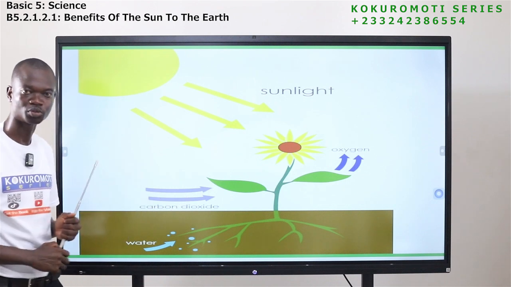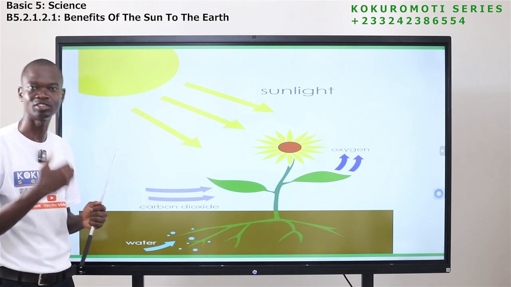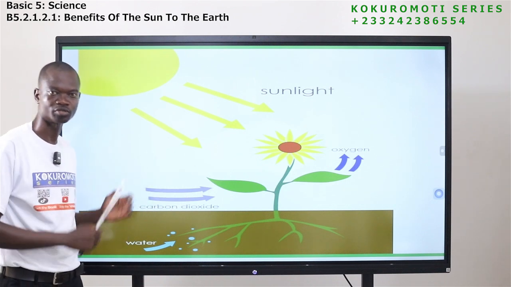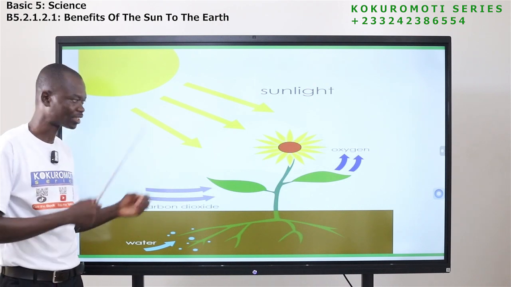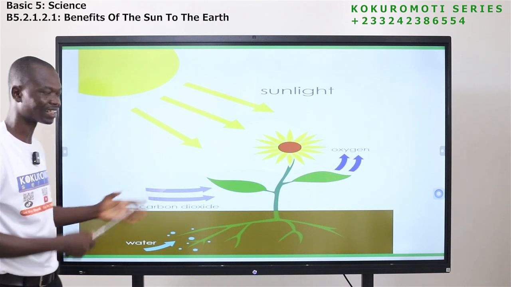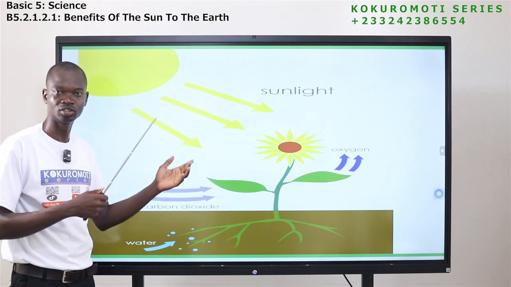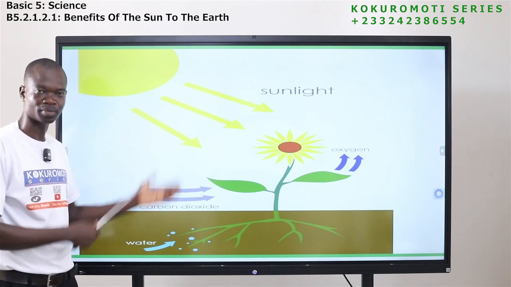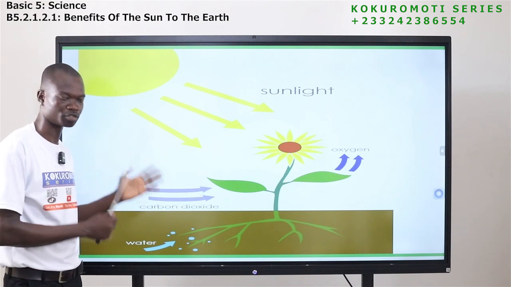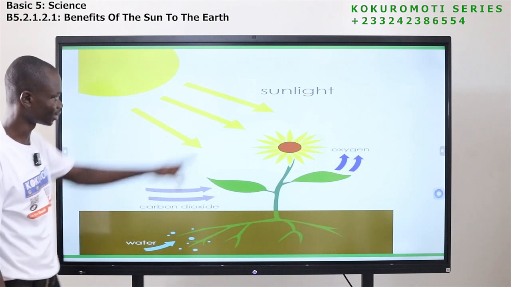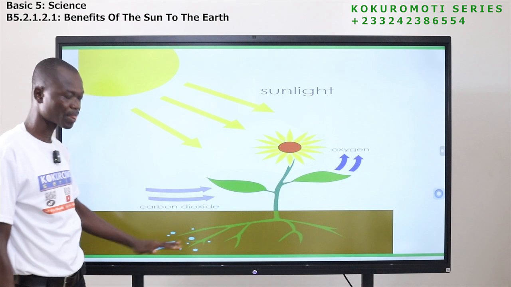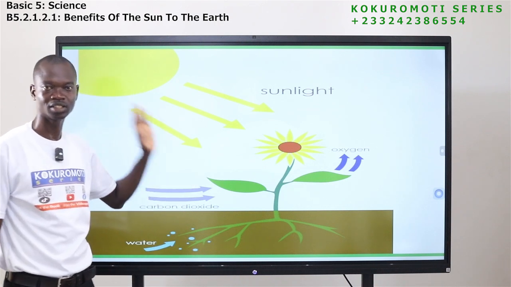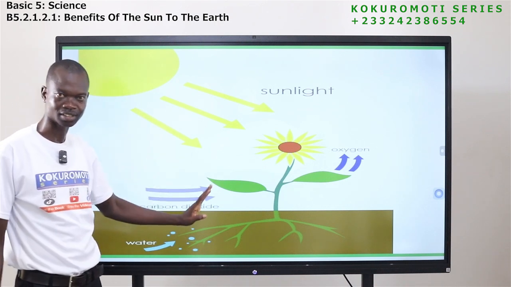So if I ask you, what are some of the things that the plant uses to prepare its own food, or during photosynthesis, what things does the plant use, what you should tell me is that the sun, or the sunlight, carbon dioxide, and water. These are the three things that the plant uses for photosynthesis.